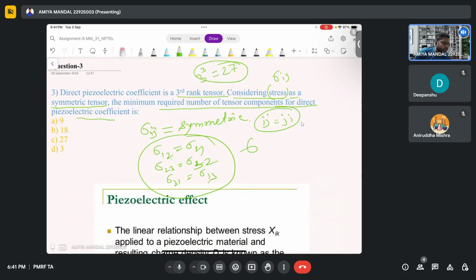The required number of tensor components is 18, not 27, because of the symmetry consideration of sigma.